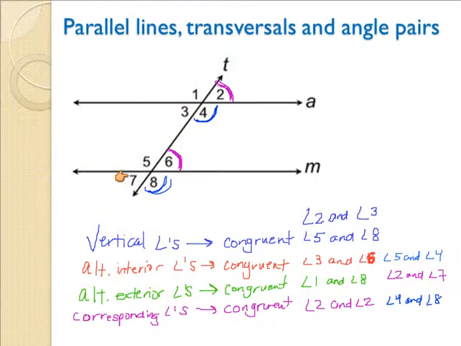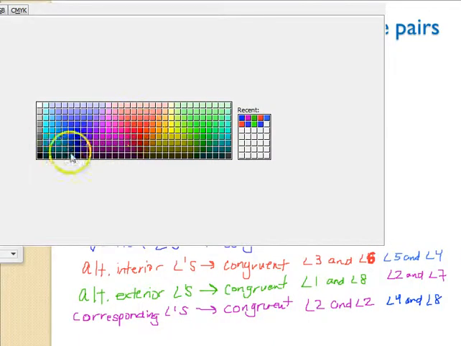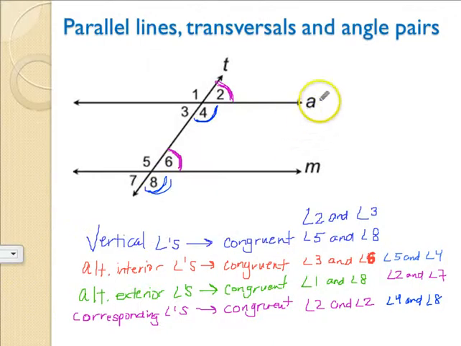And then last but not least is same side interior angles, and these are the only angle pair that are not going to be congruent. So I'm going to go up here, I'm running out of room. Same side interior angles.